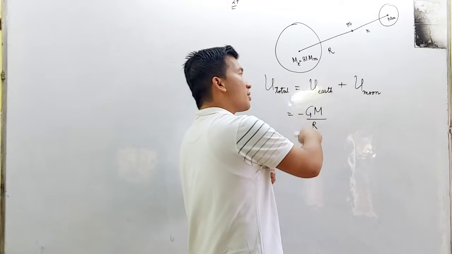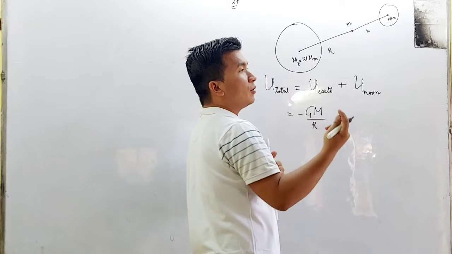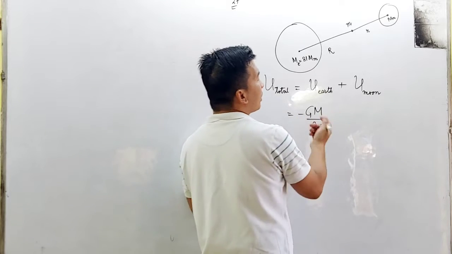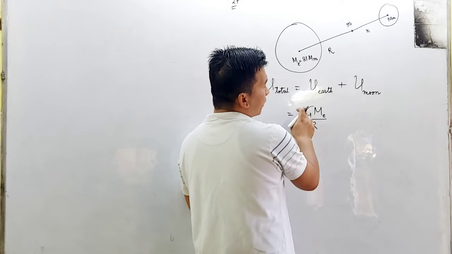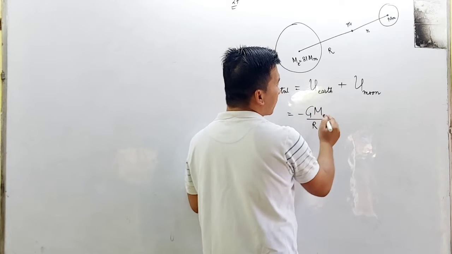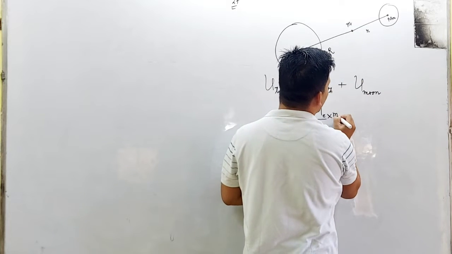Now we are discussing potential energy. Potential is for 1 unit mass, while potential energy is for multiple units: G M E, that is the gravitational constant, mass of the Earth, into mass of the object, small m.